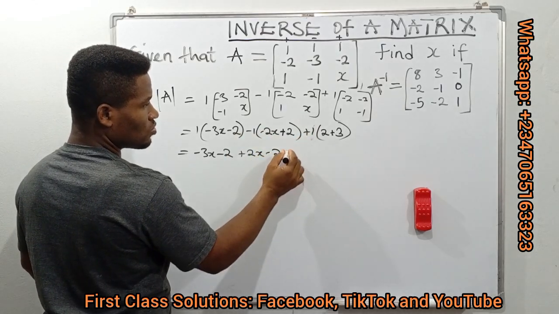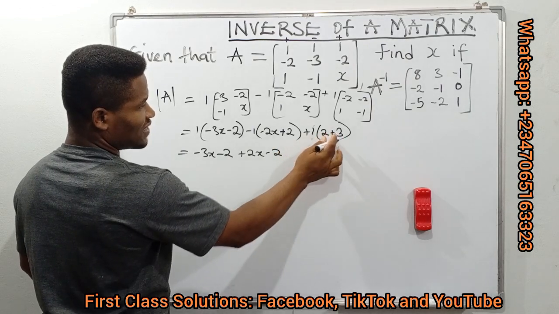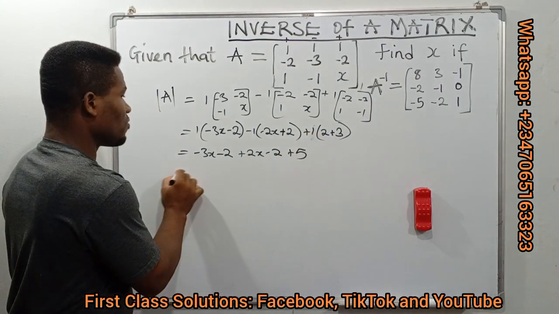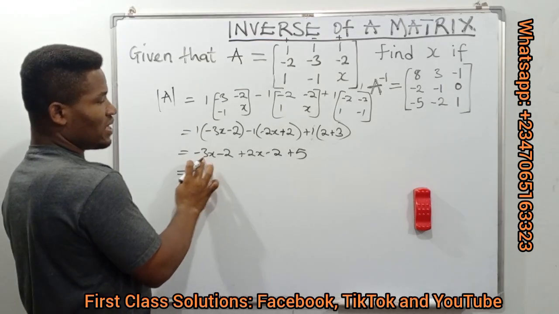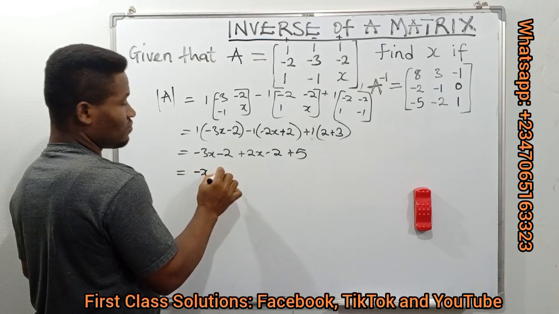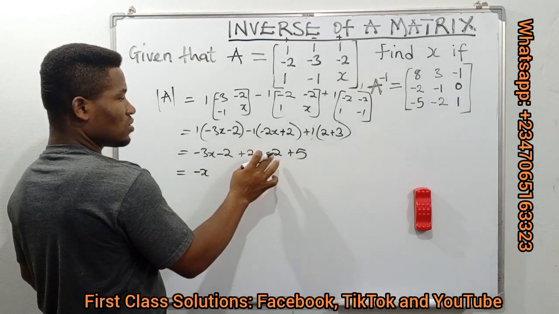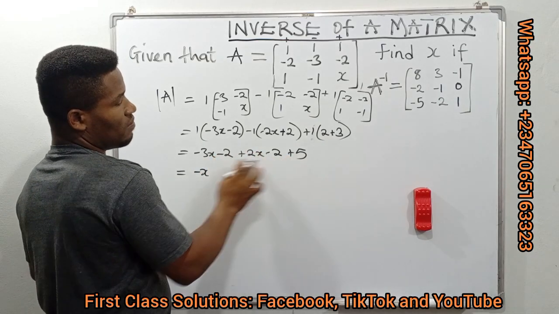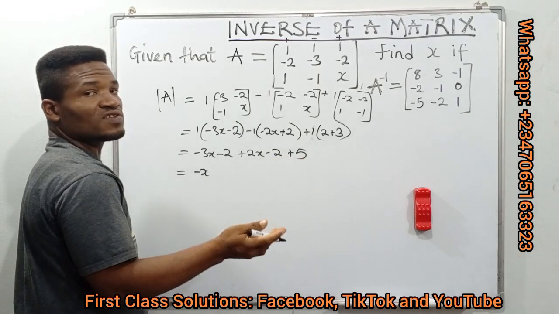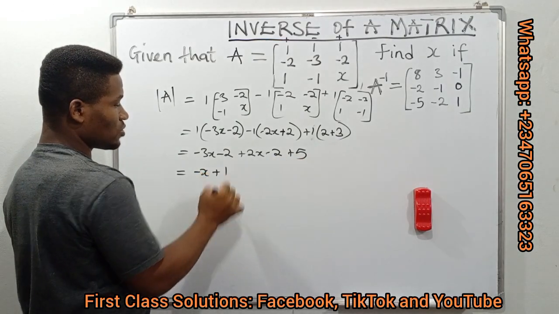Plus 1 times 2, let's just sum this up as 5. 1 times 5 gives plus 5. Then we collect like terms: minus 3x plus 2x gives minus x. Minus 2 plus 5: minus 2 gives minus 4, plus 5 gives plus 1.